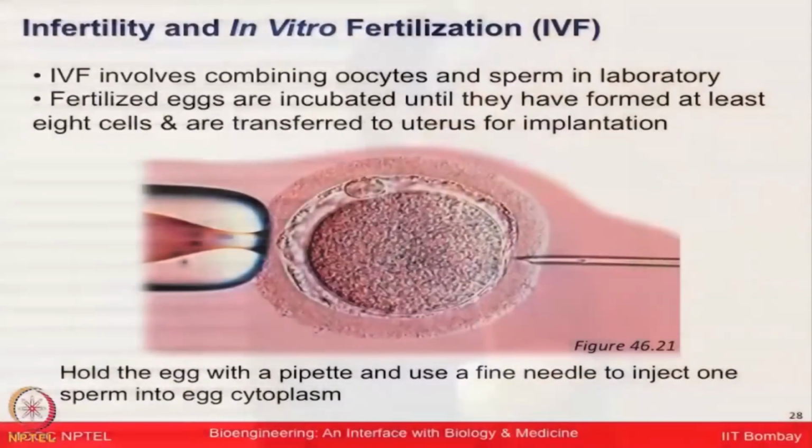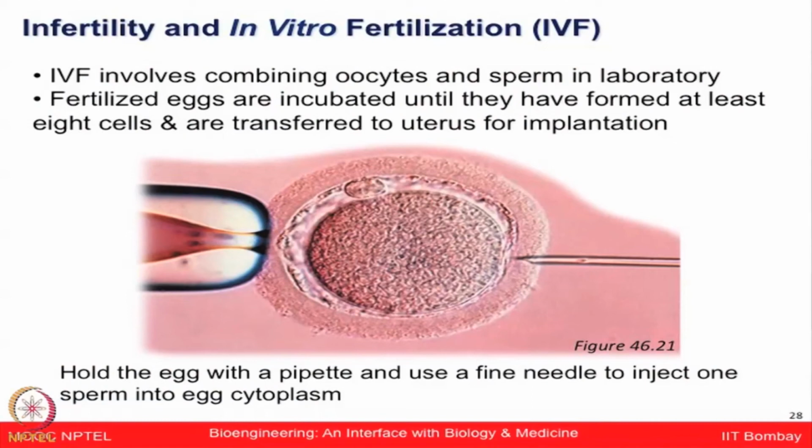Many times, if couples are not able to do proper fertilization, they feel that they have to take some medical help. And again, in vitro fertilization is an area which has really solved problems for many infertile couples. And you will see a lot of interesting examples of how IVF technologies have been used heavily. It is a costly technology, but in this case you are still following the normal rules of development.